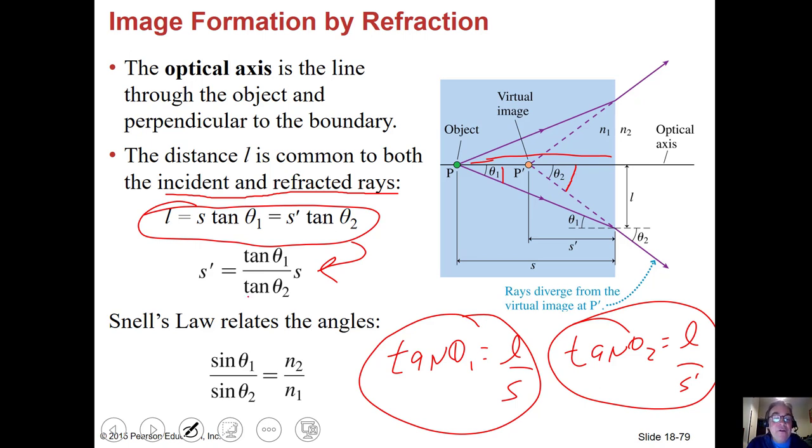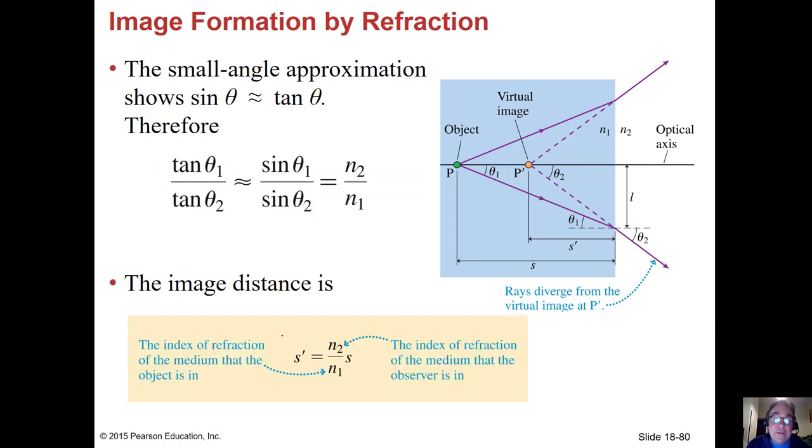So solve for S prime, you get tangent of theta 1 over the tangent of theta 2 is equal to S prime over S. And then we could also take a look at Snell's law. This is just Snell's law. You saw this before. So from Snell's law and from this relationship, we can combine those and come up with this using the small angle approximation. So when angles aren't so big, the sine of theta is about equal to the tangent of theta.